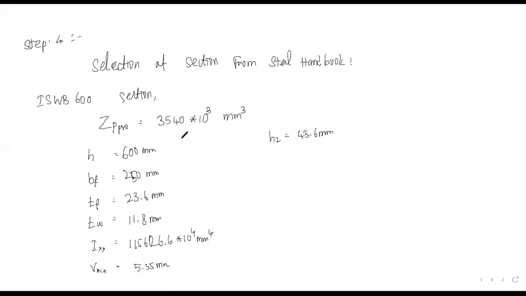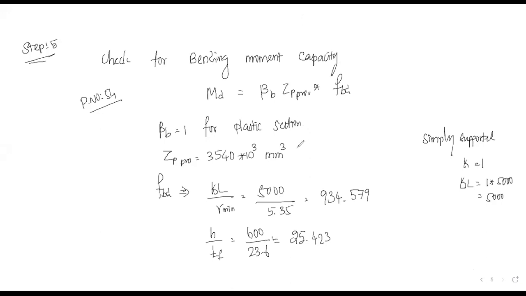So I forgot here: r minimum is 5.35 centimeter, so it becomes 53.5 mm. If it is 53.5 mm, then KL by r minimum value becomes 93.45.